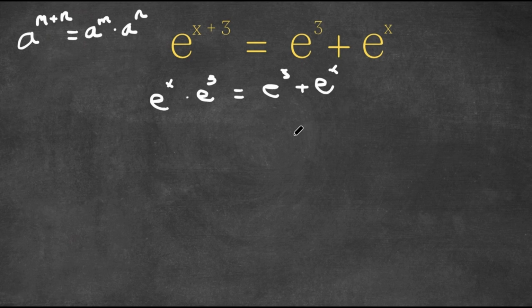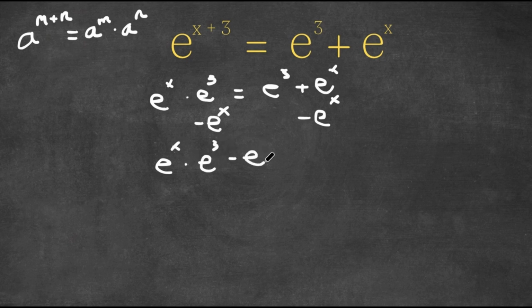Now I'm going to subtract e to the power of x on both sides. So now we get e to the power of x times e to the power of 3 minus e to the power of x is equal to e to the power of 3.